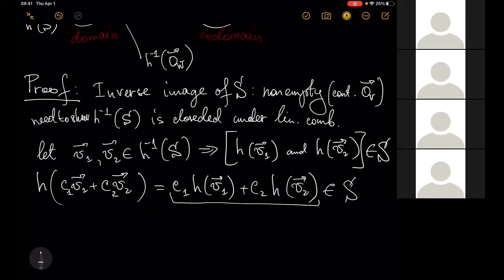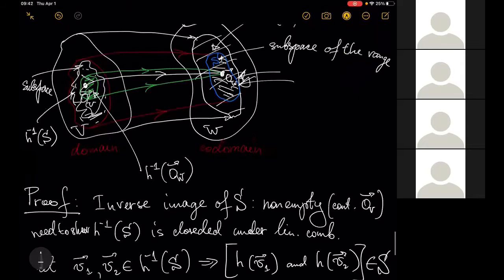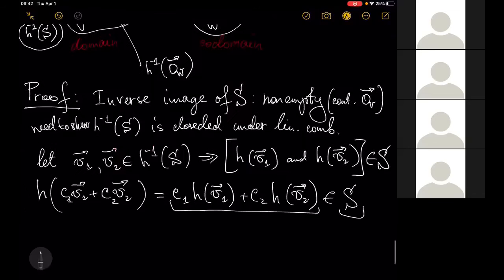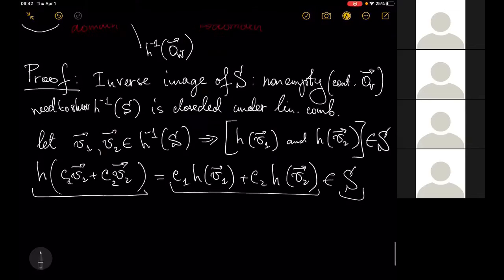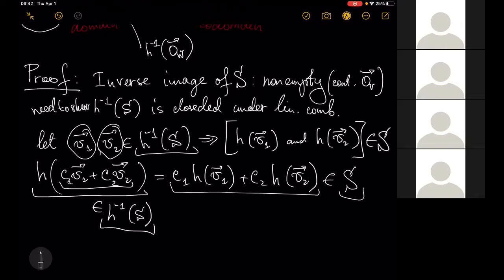But if it belongs to S, so it's some vector in the subspace of the range, then because we said that this is the inverse image of the subspace, meaning all possible vectors which are mapped into this subspace of the range, it means that this thing belongs to the inverse image of S. So I started from two arbitrary vectors belonging to the inverse image, and I got that their linear combination also belongs to the inverse image.